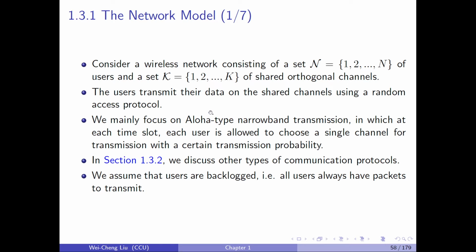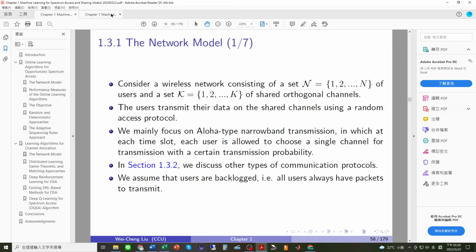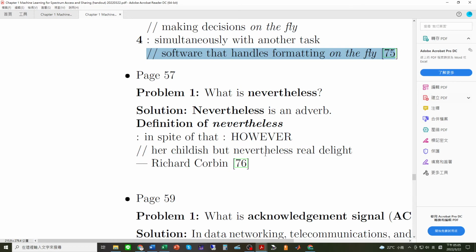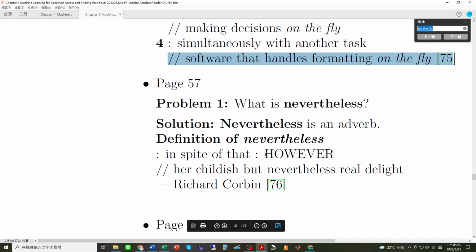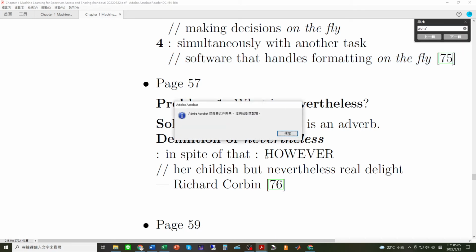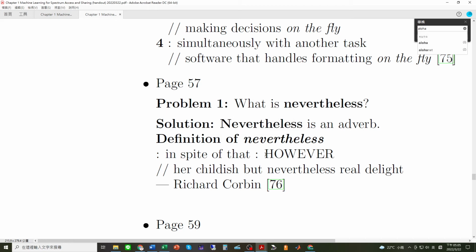Do you remember what is Aloha? I have told you before. Let us see the handout and search for Aloha.